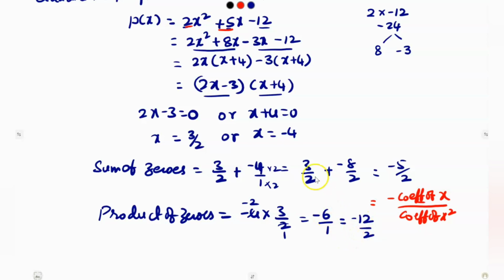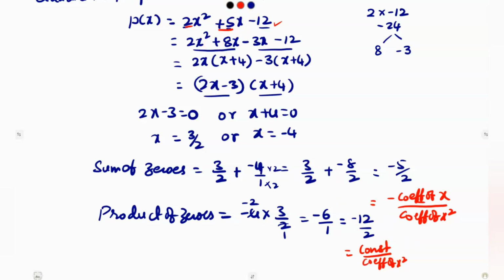If you observe again from the question, minus 12 is nothing but the constant term, and 2 is the coefficient of x square. So the product of zeros is constant term by coefficient of x square. This is the relationship between the product of zeros and the coefficients; coefficients here include the constant term also.